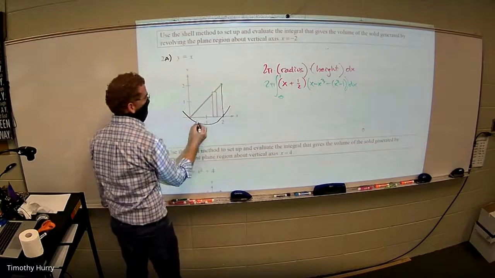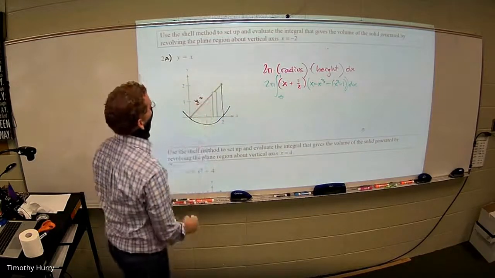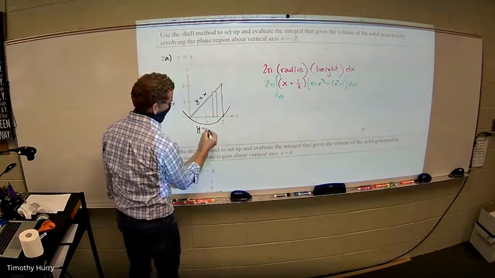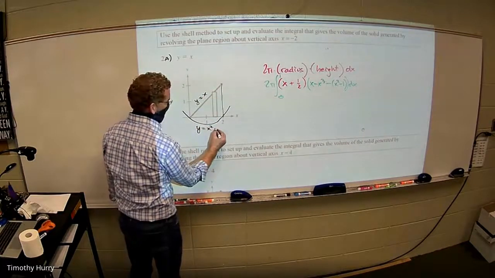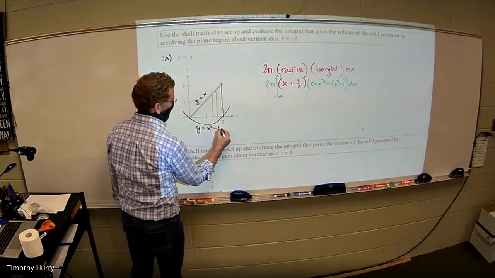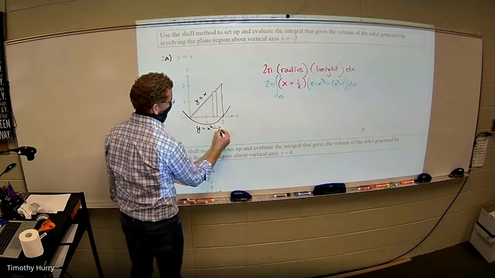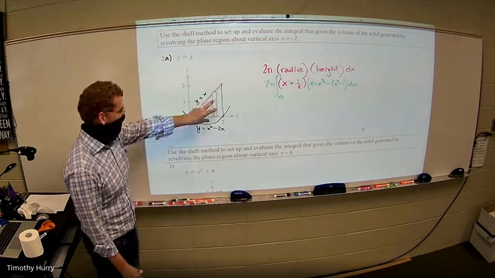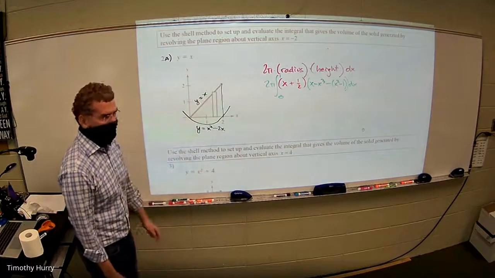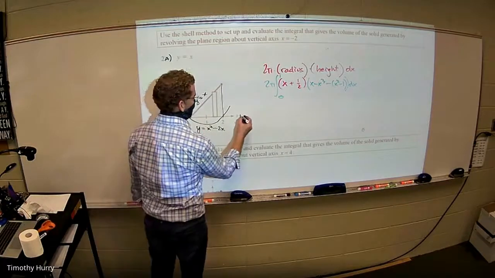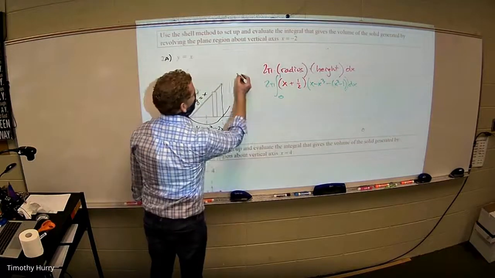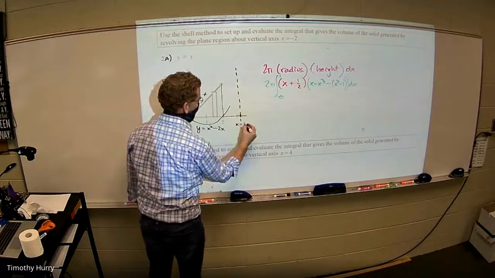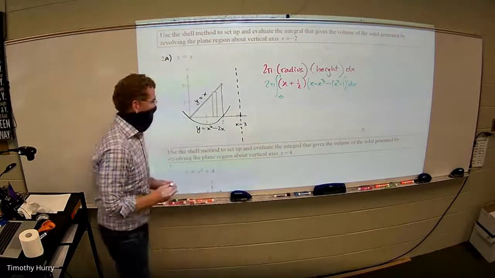We're going to add to this y equals x equation y equals x squared minus 2x. Okay, so it gives us all of this region, and we're going to rotate this about this axis, which is the x equals 3 axis.